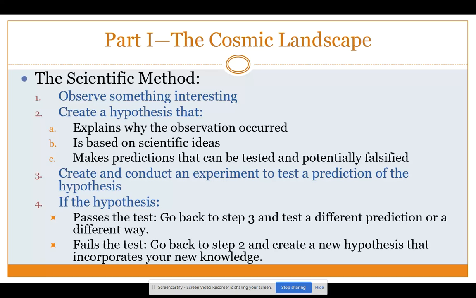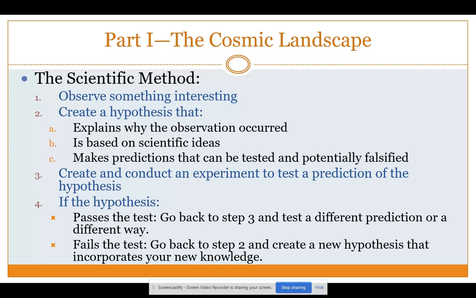Then step 3, you're writing out a test. Really important to me: your test cannot be repeat my observation. We already know the outcome of that. We need to test a prediction of your hypothesis, not just check and see if what you measured was actually correct. So it needs to be something different than just repeating the observation.